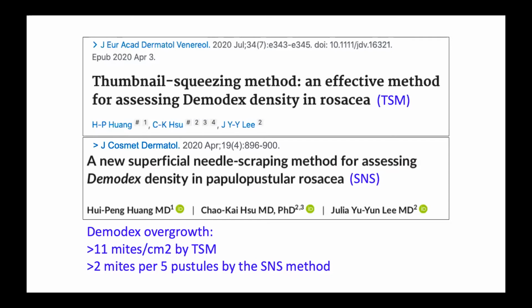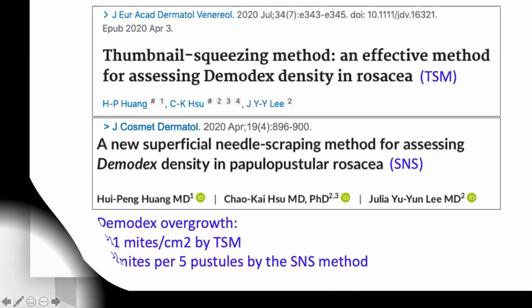We assess Demodex density in daily practice using the thumbnail screening method, TSM, and the superficial needle scraping method, SNS. Demodex overgrowth is defined as Demodex density larger than 11 mites per square centimeter by TSM, or larger than 2 mites per 5 pasture by the SNS method.